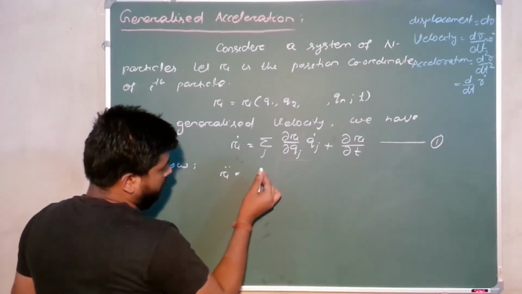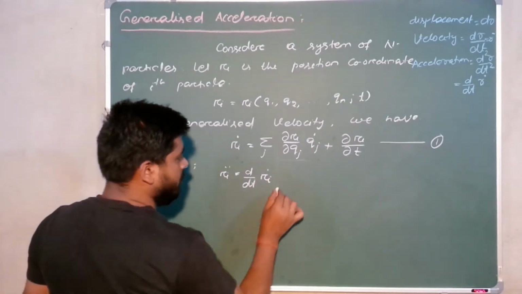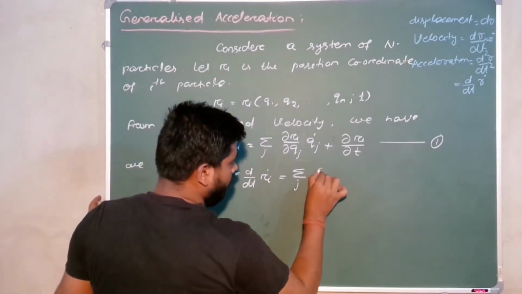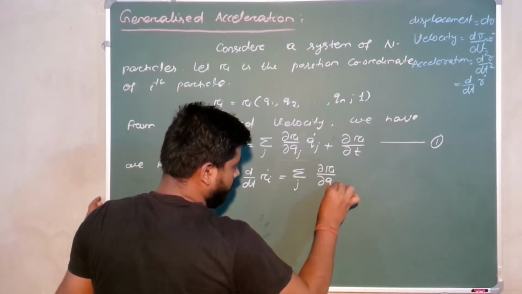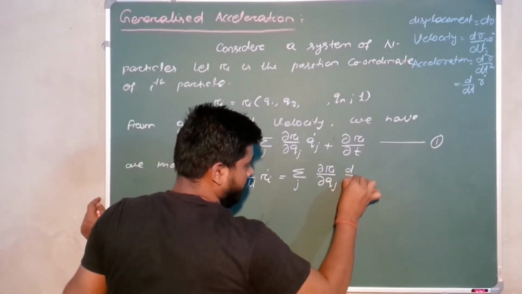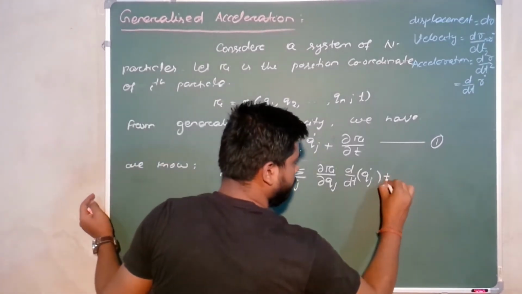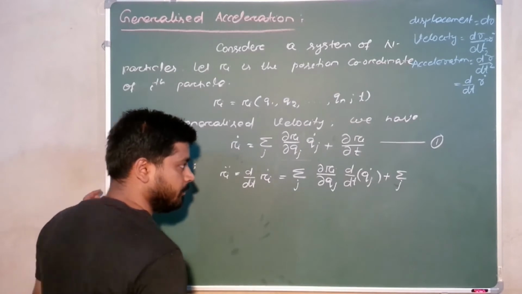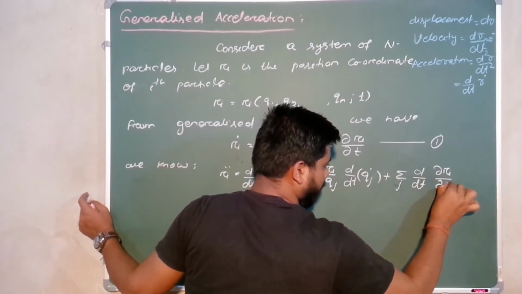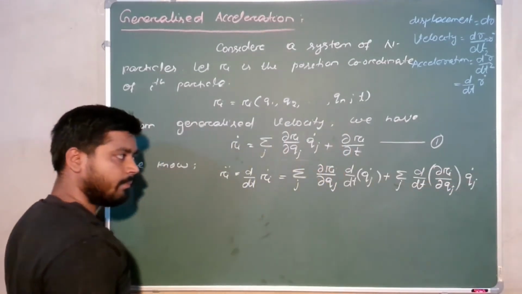We can write d by dt of Ri dot is equal to summation over j, dou Ri by dou qj as it is, times d by dt of qj dot, plus summation over j, d by dt of dou Ri by dou qj, times qj dot. Okay. Then what here?